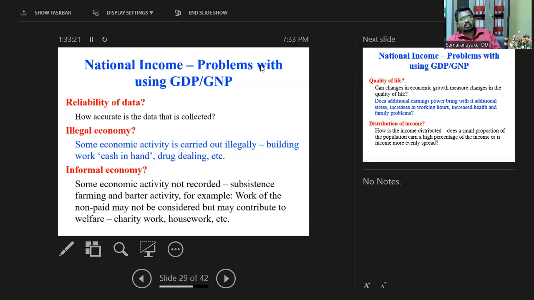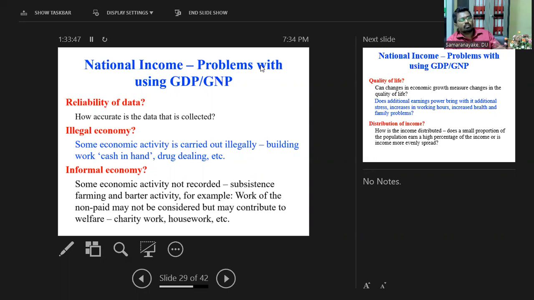The reliability of data, because we are doing surveys to collect data, especially the DCS, the Department of Census and Statistics, which will do major surveys, and the central bank will sometimes use that data. It will even do some independent surveys sometimes. Some research firms and researchers will do them. However, it depends on this data, so accuracy of data will be one question. And even think of other types of economies like the illegal economy and the informal economy.